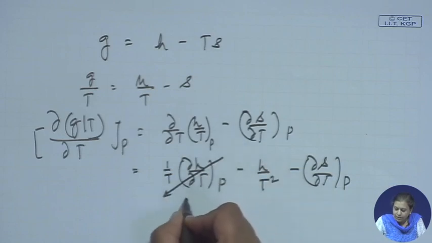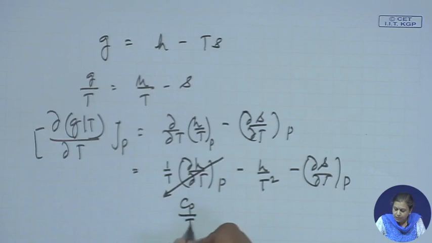If you recollect, this is nothing but equal to Cp. So this becomes Cp by T minus H by T square.